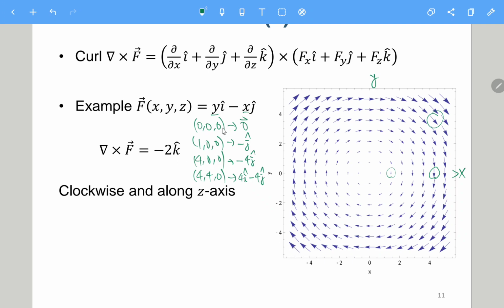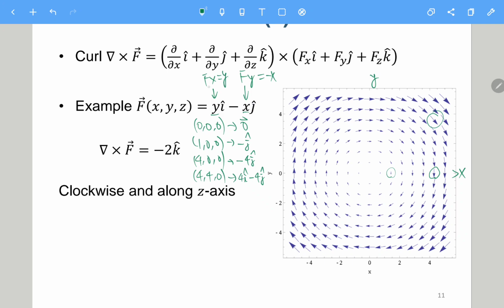Okay, so if we try to calculate the curl of F, you plug this expression in. This is F sub x, this is F sub y.